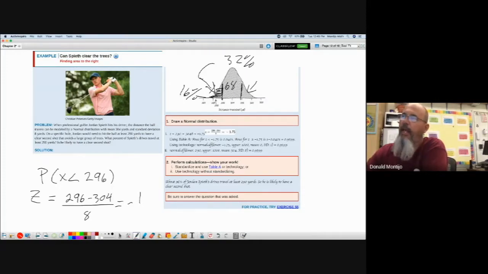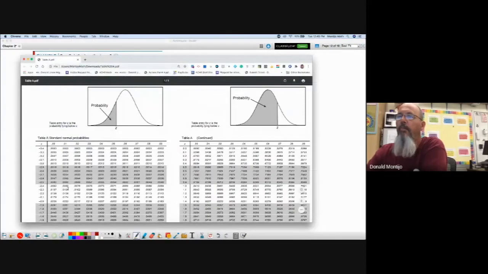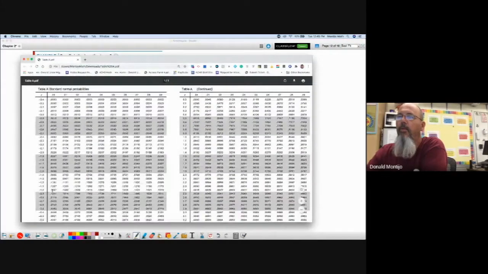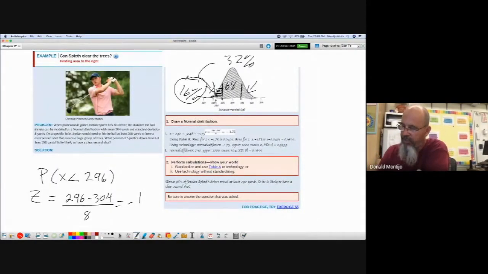Go to table A, look up -1.00, which is 0.1587, which is approximately 16%, which is what we found from using the 68, 95, 99.7 rule.